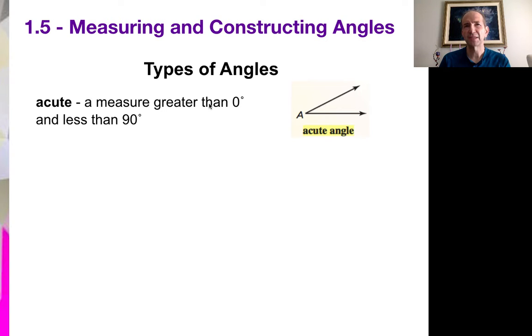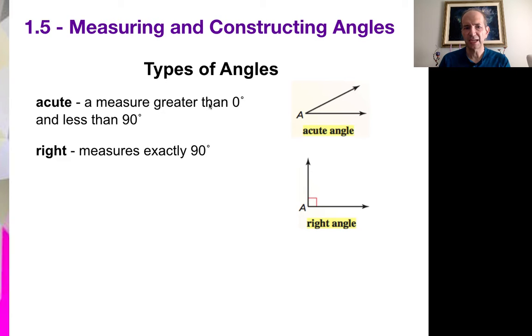Sometimes we call that from 0 to 90 exclusive. That's kind of a big word. Sometimes you'll hear that, but let's just keep that in our back pocket. Then we have the right angle, and the right angle is where you have the two rays exactly 90 degrees.